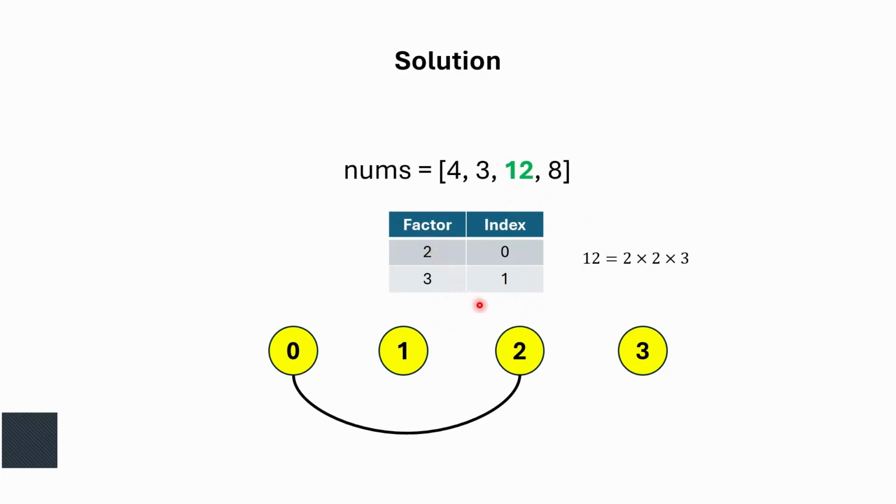So we need to join the indices 2 and 1. So that's why we have this 2 and 1. So we join the first component, that is 0 and 2, with the second component, that is 1, using this.